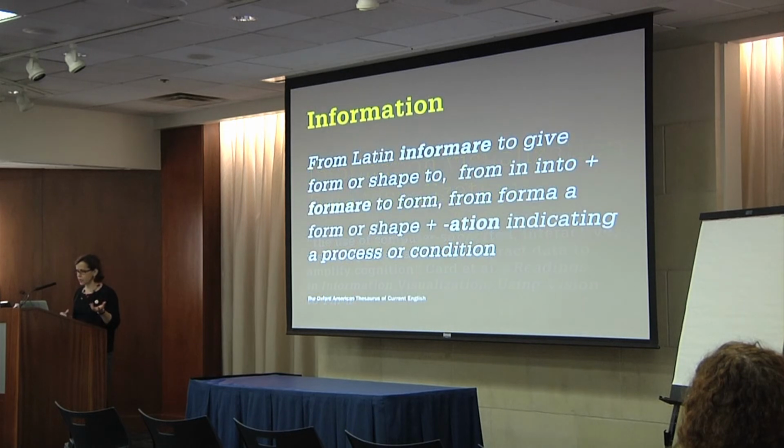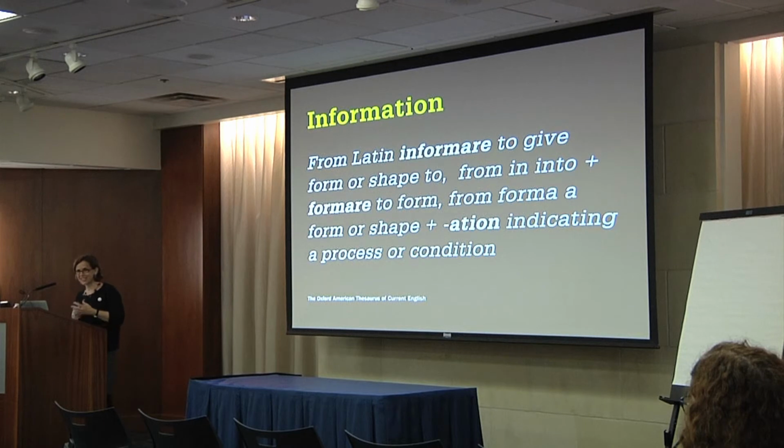And even if we look at the definition of information, from the Oxford American Thesaurus, I very much like what it has there, which shows that there is an action of giving shape to something. I think both the acting upon something, as well as giving shape to it, is very informative.